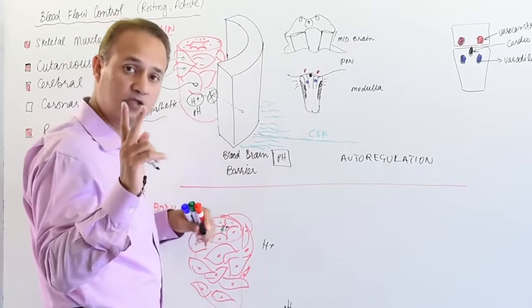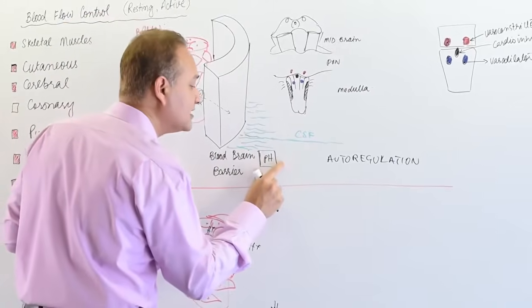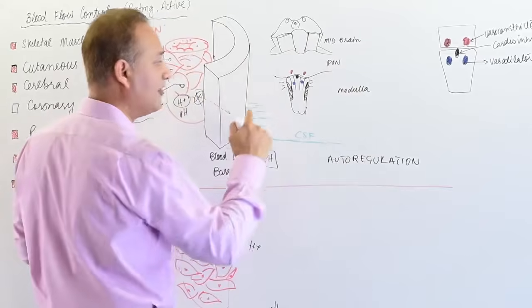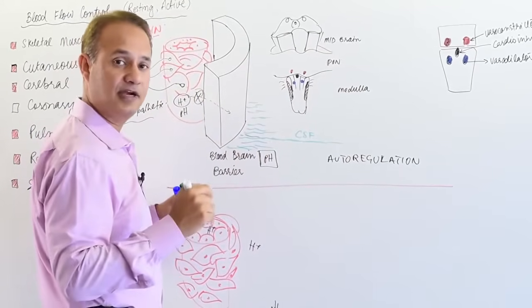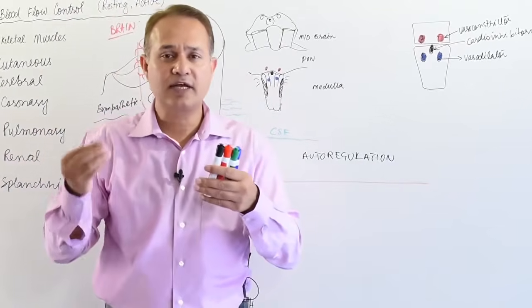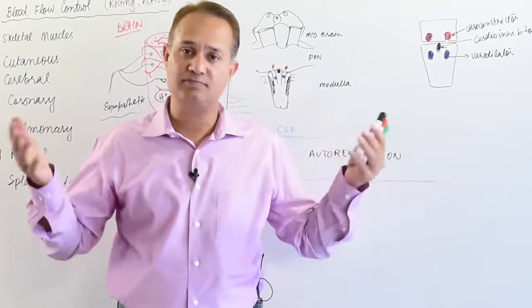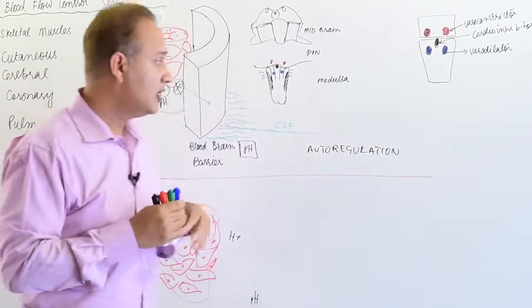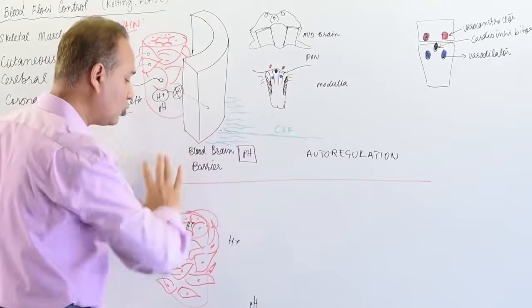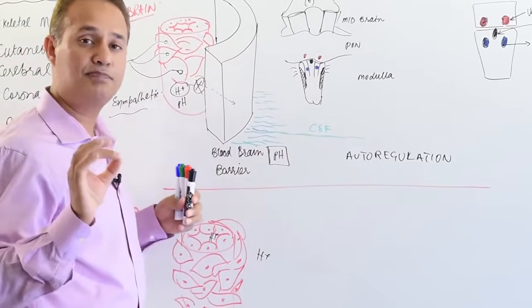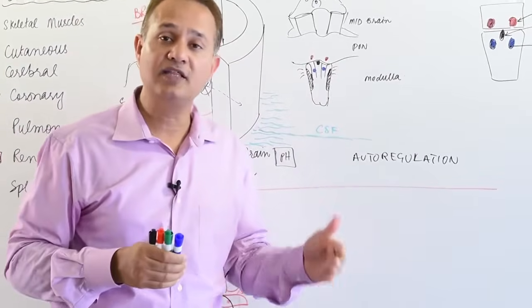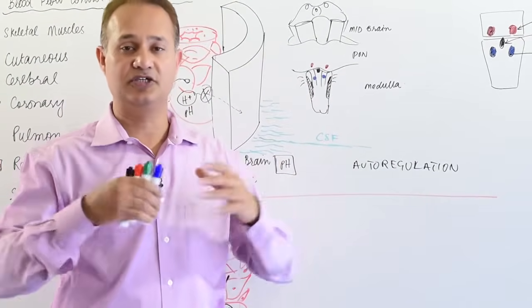Now, second thing to remember, the pH of CSF, the pH of the brain's own environment, will affect the brain's blood flow. So you say, well, why not just connect them? Why not connect the plasma's pH to the brain's pH and just be happy? No, here is the reason. If the brain is getting its blood flow, it doesn't care what the pH outside is, because the pH outside in the plasma can be changing for many other reasons than just the oxygenation.